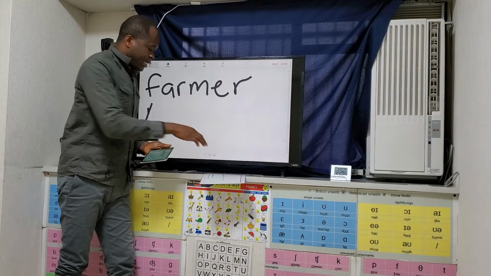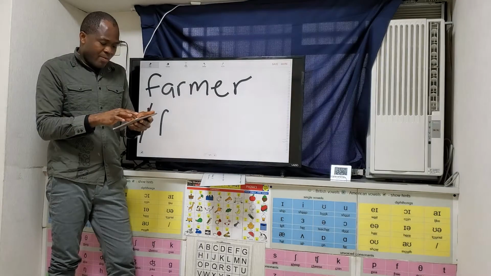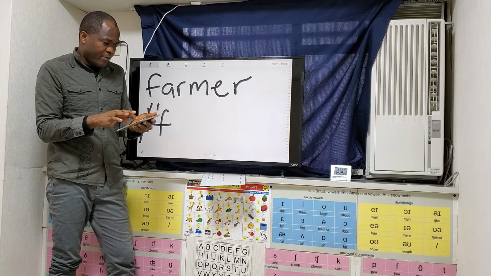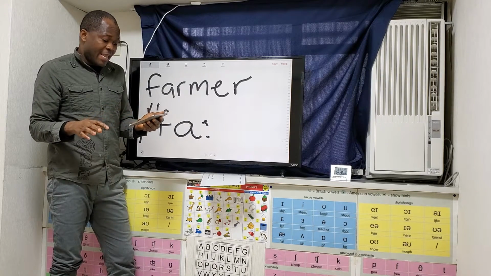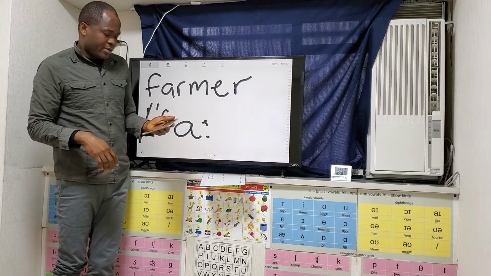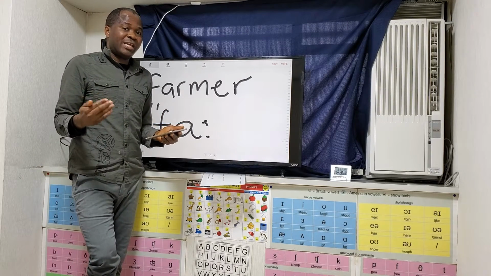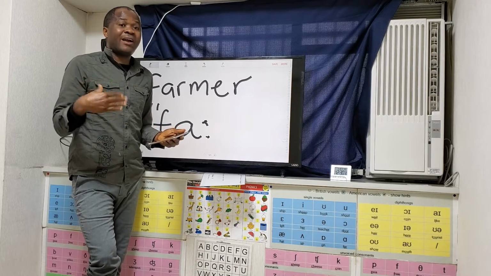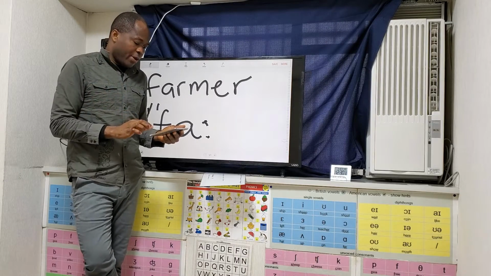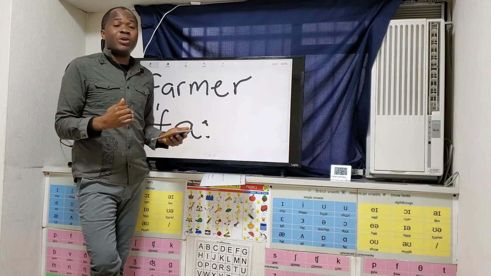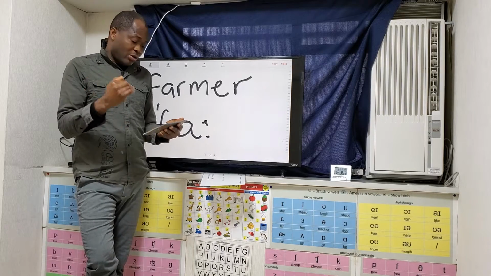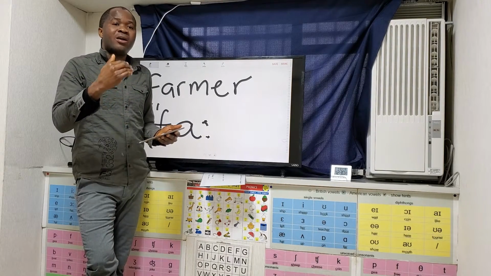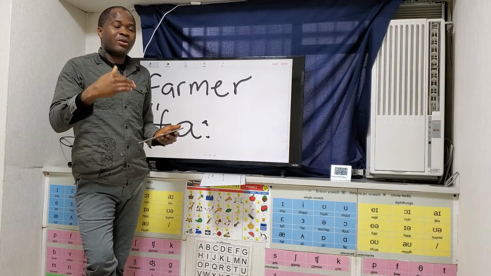Remember our stress is on the F. Then we have the long A. This is R. In America, they say R as in car, bar. But in British, they don't say the R. The long A is followed by a silent R, like car. American, car. British, car.